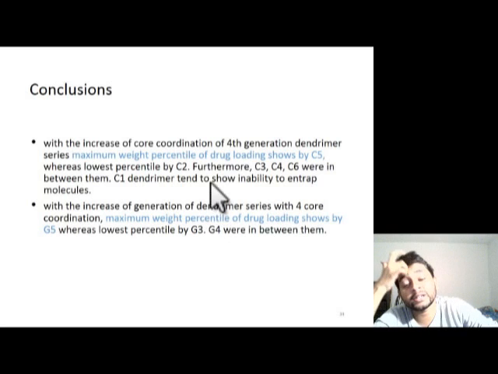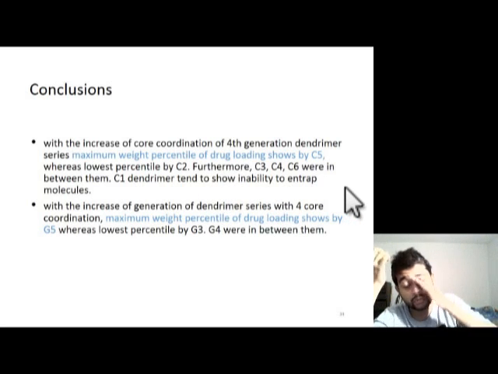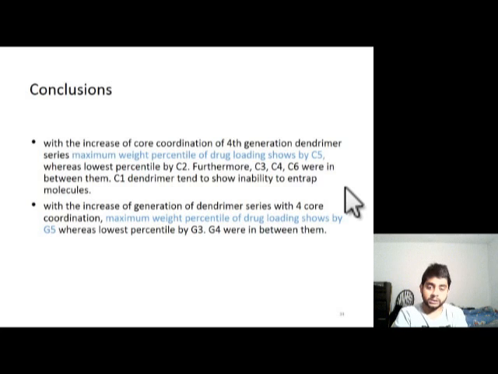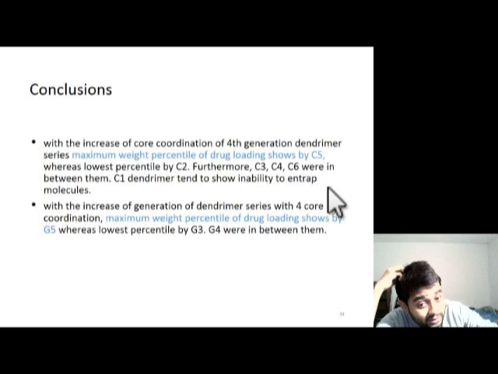We also change the generation of the dendrimer series while keeping the co-coordination constant. We observe G5 has the highest ability to capture the molecule, while G3 is the lowest and G4 was in between G3 and G5.